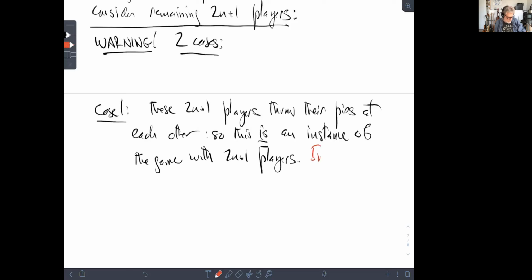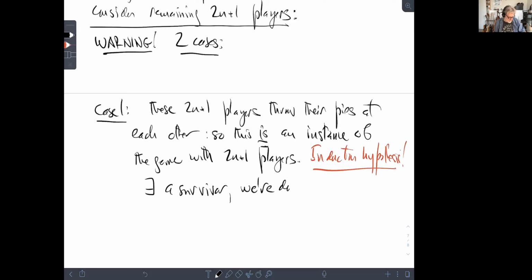So the induction hypothesis you can use here for sure, right? So there exists a survivor and we're done. If these 2n+1 players throw their pies at each other, then this is an instance of the smaller game and I can apply the induction hypothesis.